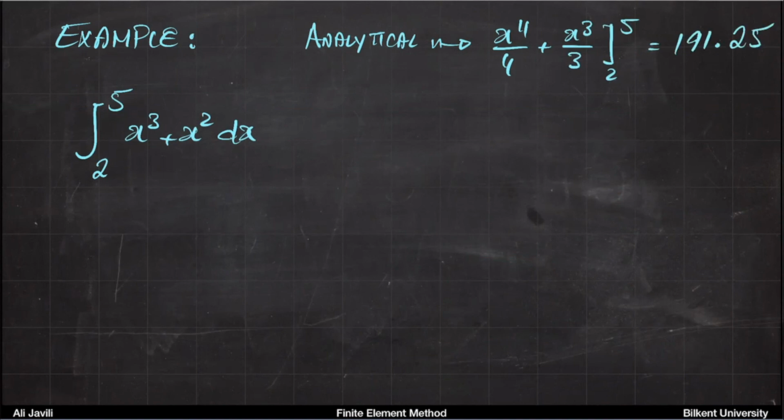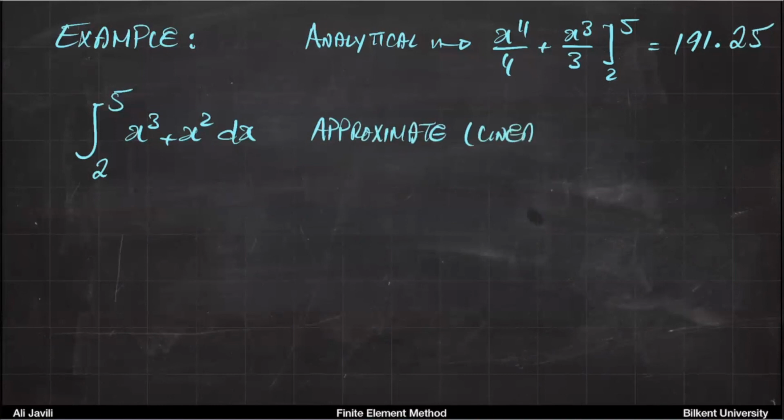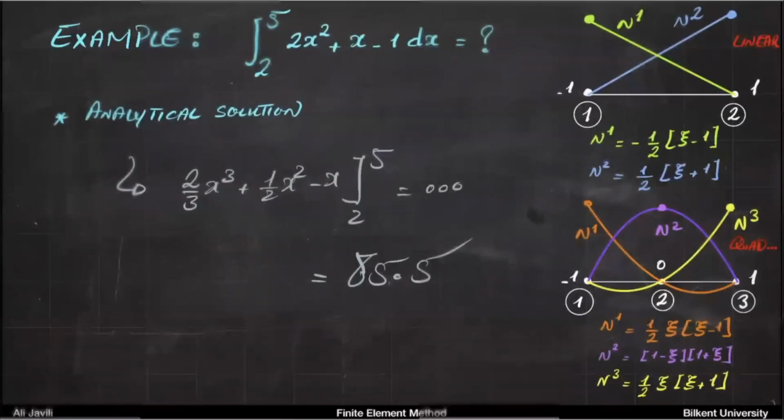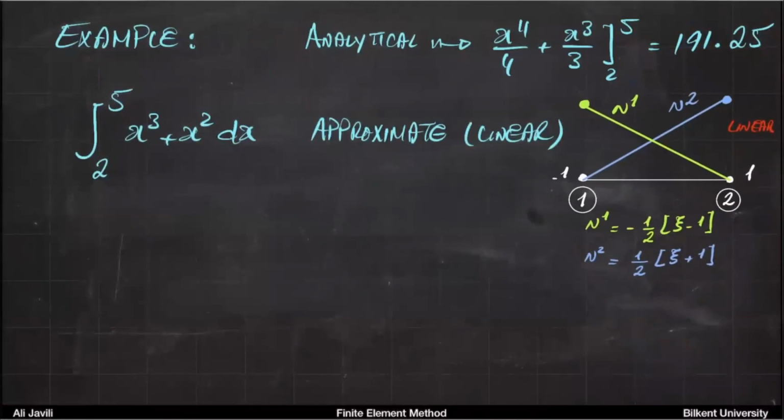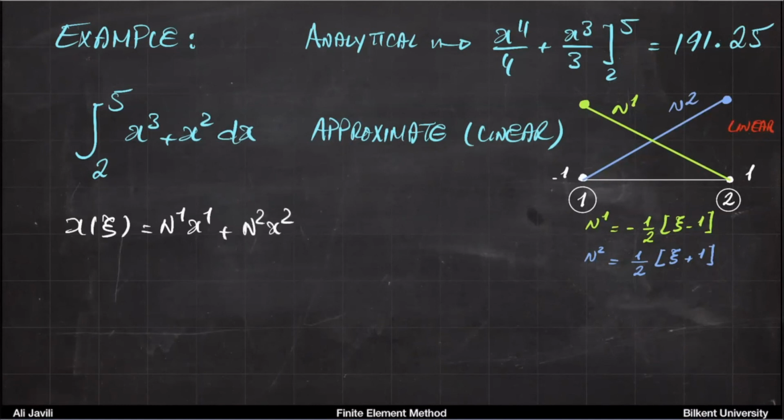And now we want to do the approximate solution using linear approximation. For that, I'm going to go back to our slide here, and I copy the linear shape functions. So these are the linear shape functions that we are going to use next. Here you would write, again, x as a function of c. That would be N1 x1 plus N2 x2, which would be, in this case, minus 1 over 2 (c minus 1) times x1, which is 2.